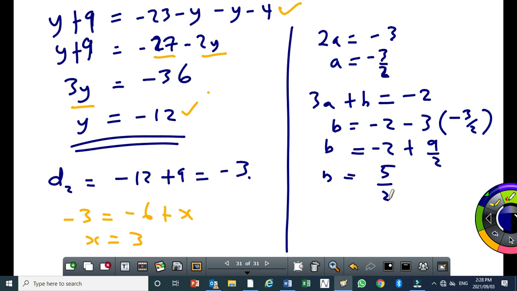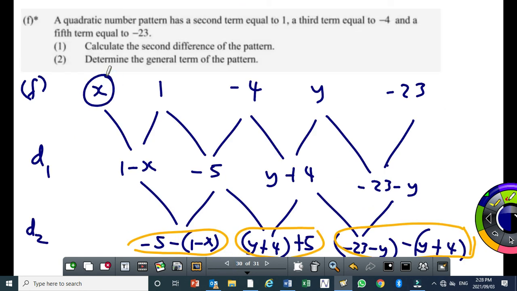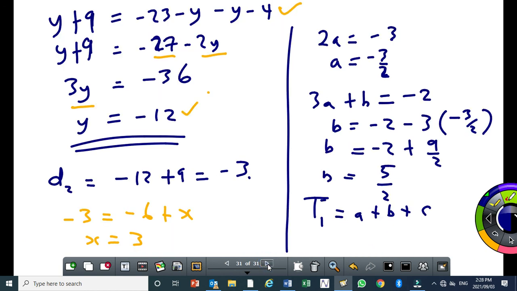Remember, this was homework, so you should get these answers. Are you following? Then you see, T1 equals a plus b plus c. T1 is x, and T1 is going to be 3. So I'll put 3 here. a is minus 3 over 2. b is 5 over 2.